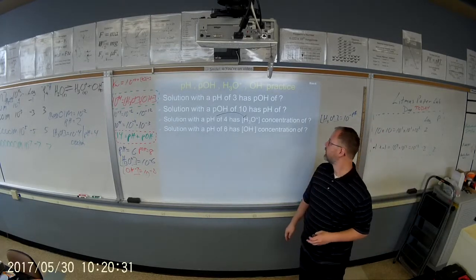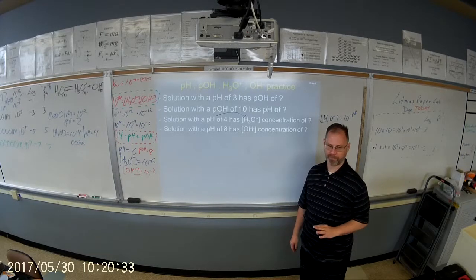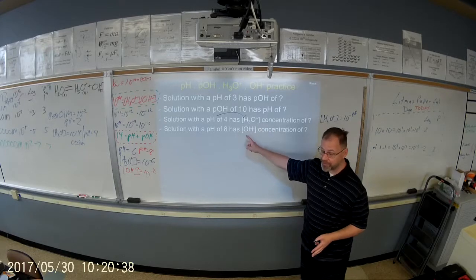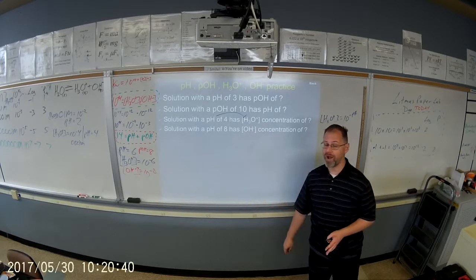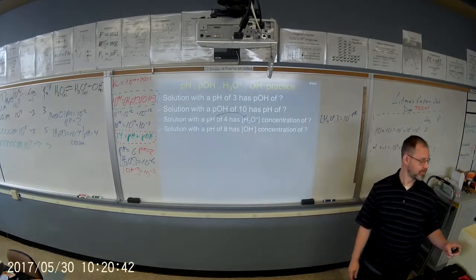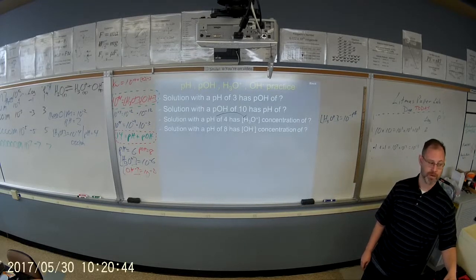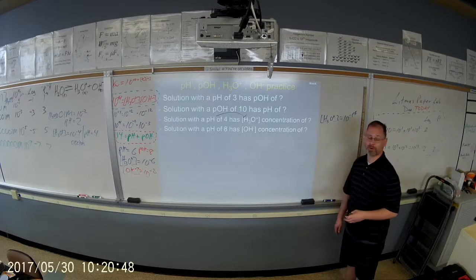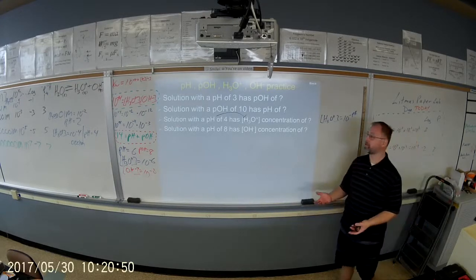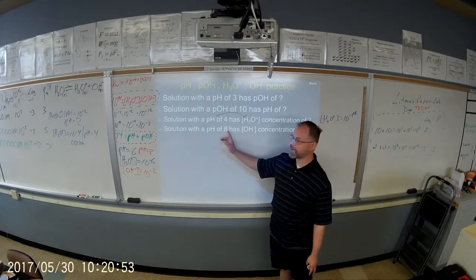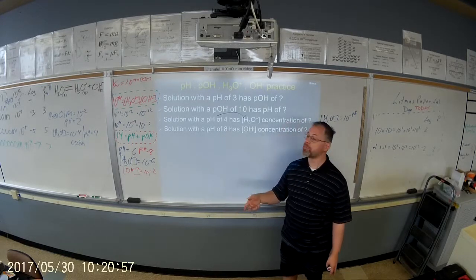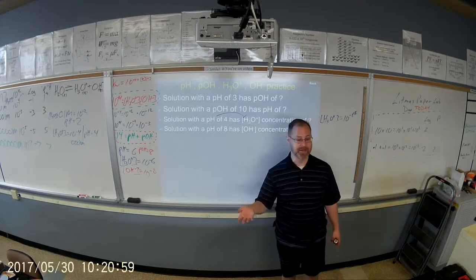Next, be careful with this one. A solution of pH 8 has a hydroxide concentration of what? 10 to the negative 6. Well done, exactly. So if you took the 2 steps, you got it exactly right. If you said, well, my pH is 8, that means my pOH is 6, so that means my OH has to be 10 to the negative 6.